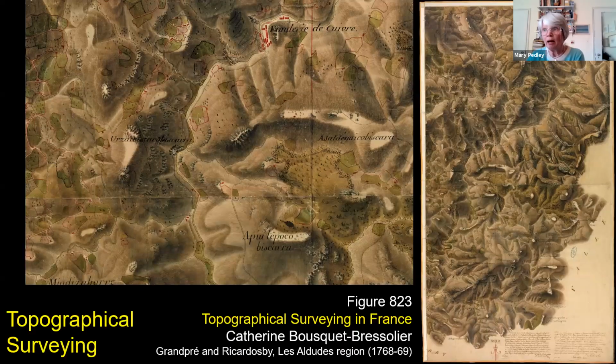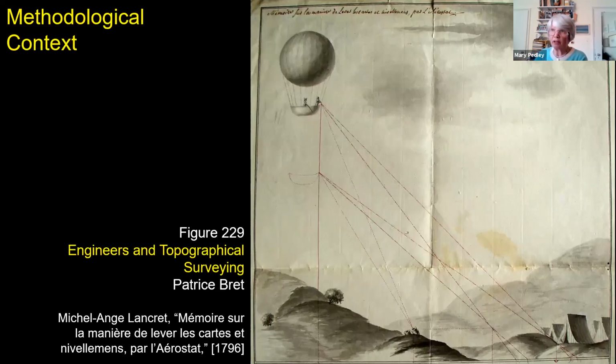But one final aspect of this topographical surveying and military mapping is the methodology, is how it was done. And it was a period of invention. And one of the delightful inventions of the late 18th century, as many of you I'm sure know, was the hot air balloon, and how that allowed observation to be made from an elevated point.